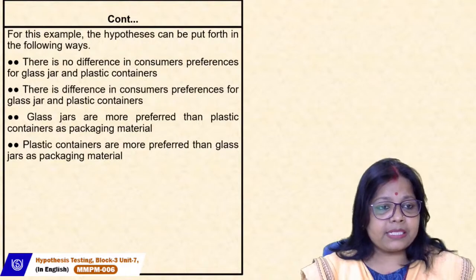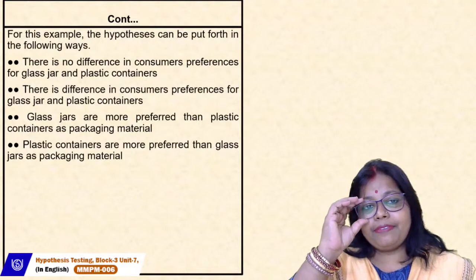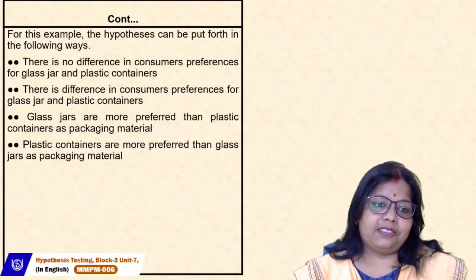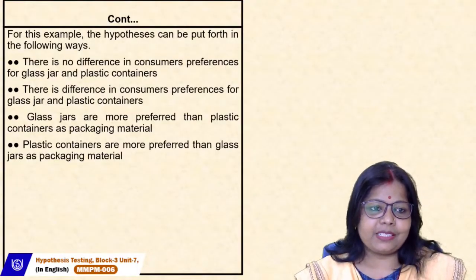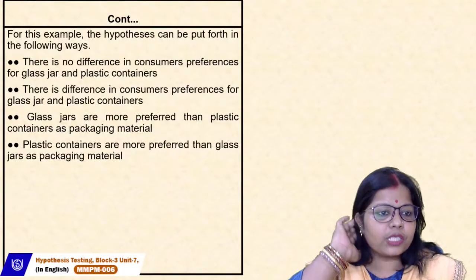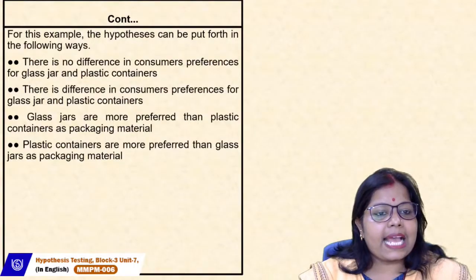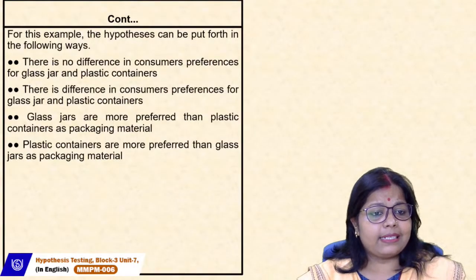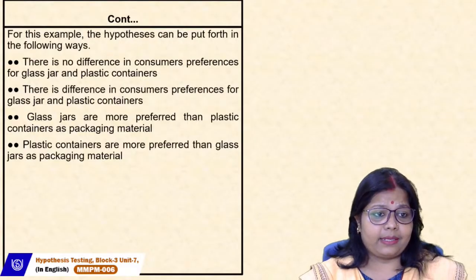They agree. But the second statement says there is a difference in consumer preferences for glass jar and plastic containers. There is a difference means there is some choice. It means the second assumption says there is a choice. So what are the choices? Glass jars are more preferred than plastic containers as packaging materials.